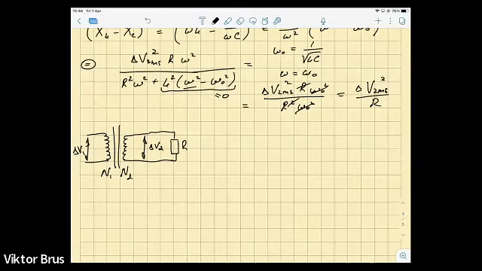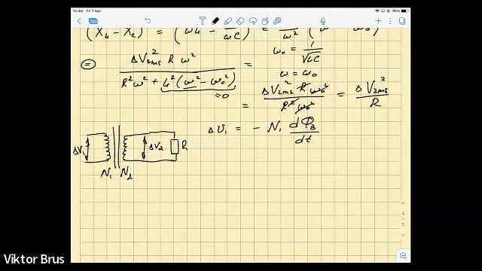According to Faraday's law, the instantaneous value of the potential difference at the primary coil should be determined as minus N1 times the first derivative of magnetic field flux over time.